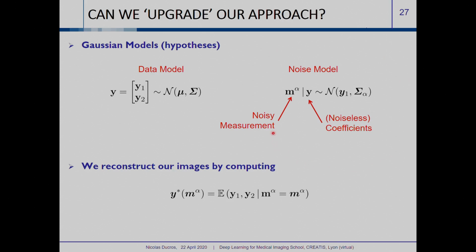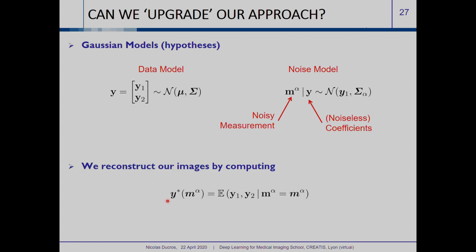This noise model is related to the conditional variable m, the measurement, given the noiseless coefficient. So if you know your noiseless measurement, you will be able to predict statistically the noisy measurement.